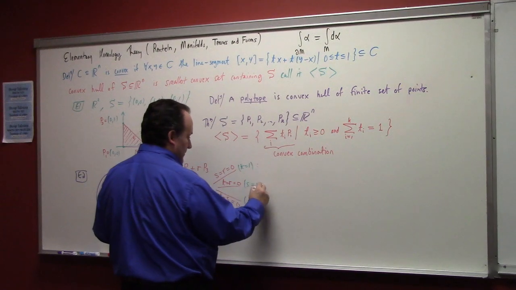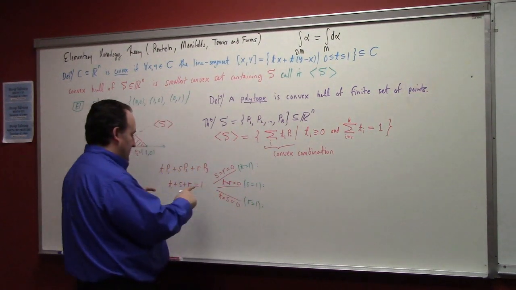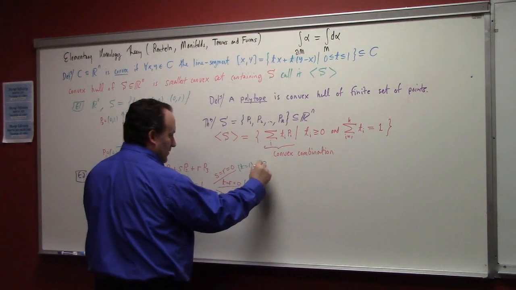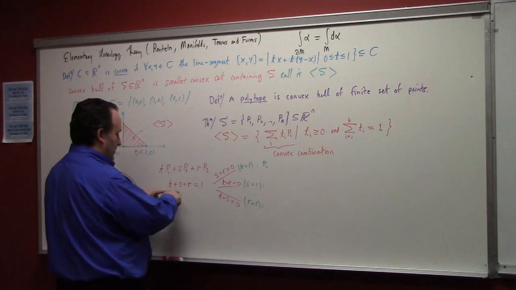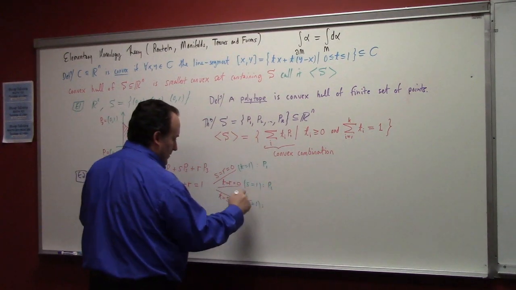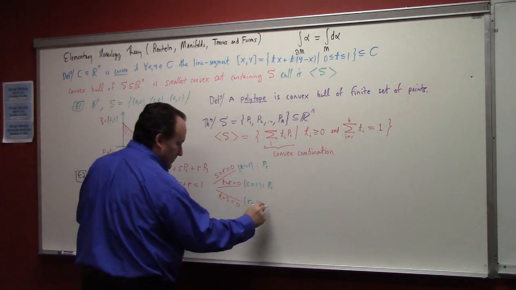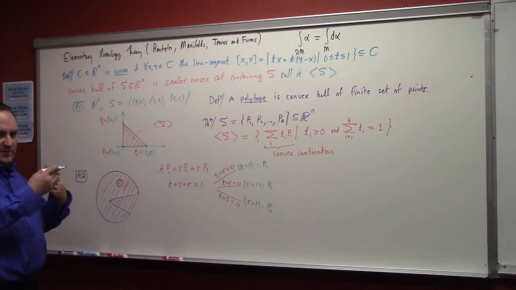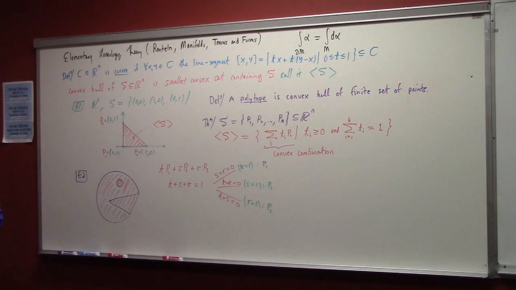Which gives me the points P1, P2, and P3. So you obtain the points in those special combinations.